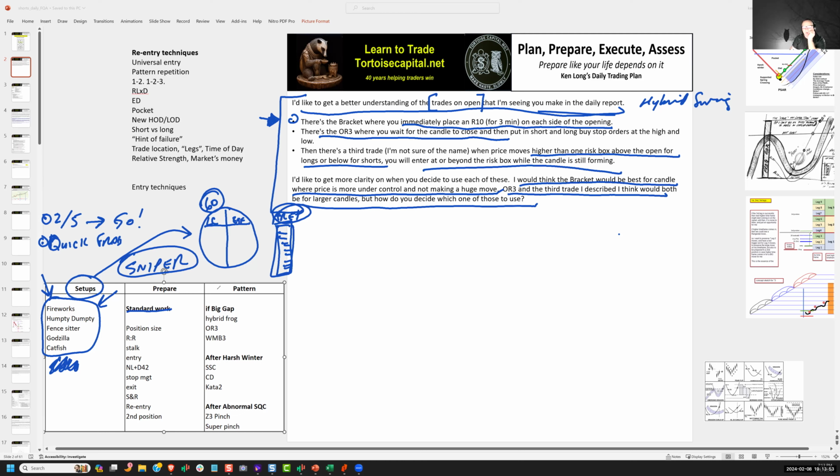And when we're doing the preparation on that, we're going to do standard work. We're going to compute our position size and the reward to risk ratio using the auto framer.